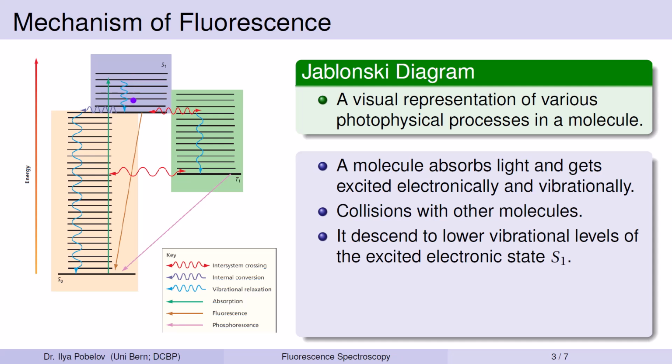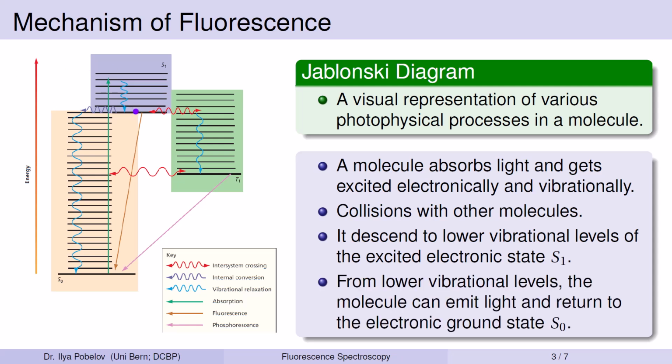This process is known as vibrational relaxation. From these lowest vibrational levels, the molecule can emit light and return to the electronic ground state. This radiative process where light is emitted is what we observe as fluorescence.